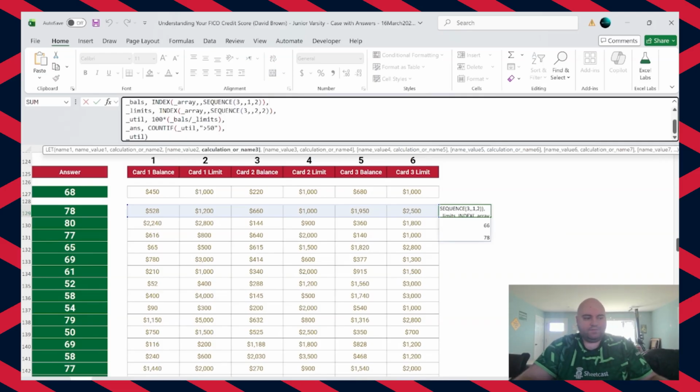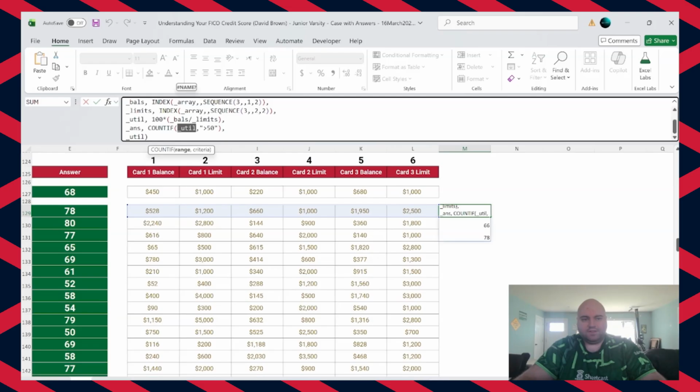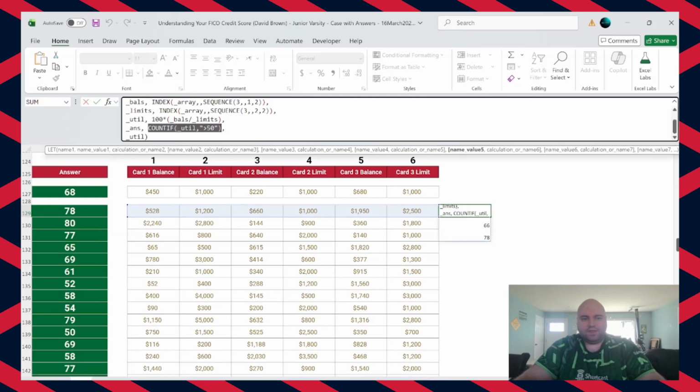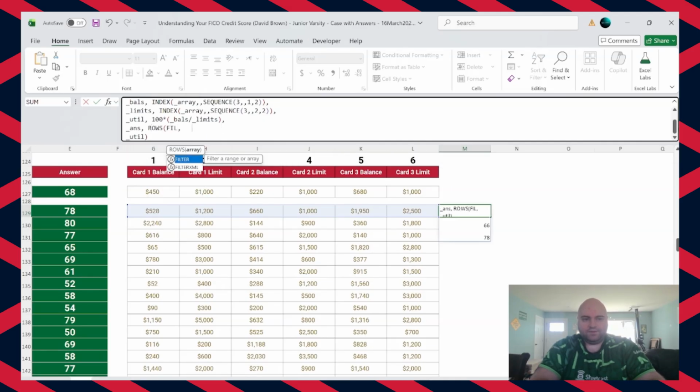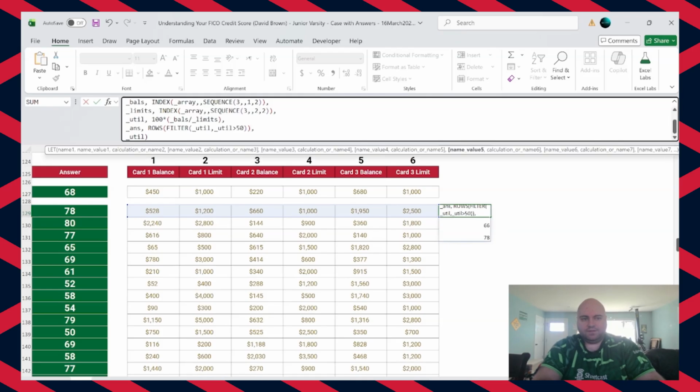One of the many things that can trip you up with countif. It actually won't function inside this because we are building util inside of let. So instead we have to use an alternative. My alternative is the rows filter util greater than 50. Yep.